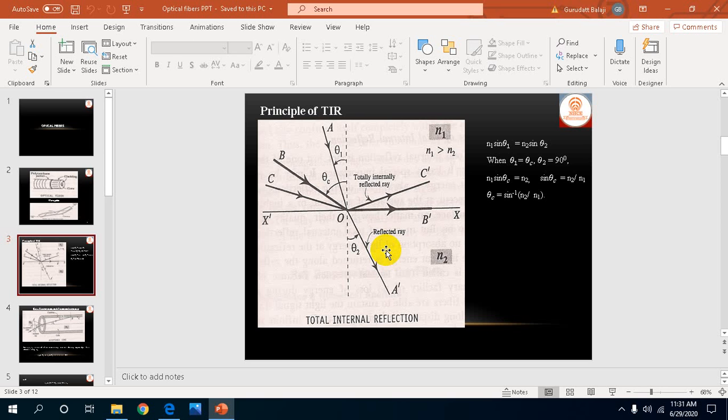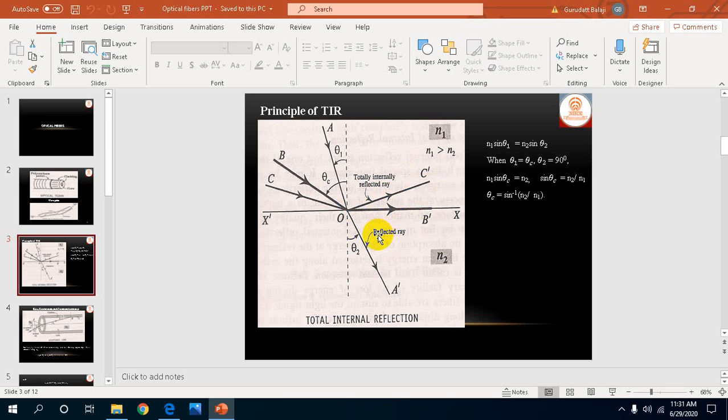But in total internal reflection, there is absolutely no absorption of energy at the reflecting surface. The entire incident energy is returned along the reflected light. The entire incident energy is reflected back into the same medium. That is why it is called total internal reflection.